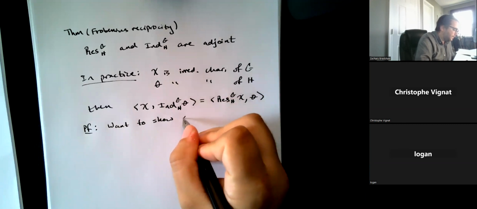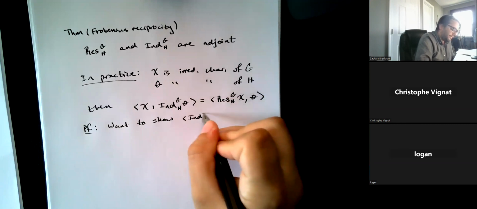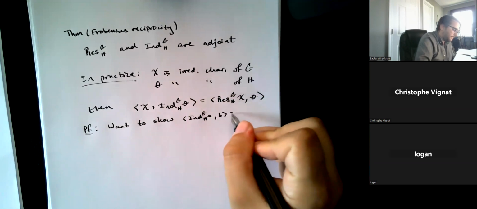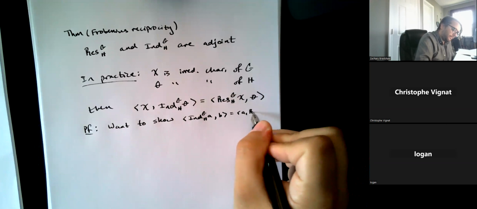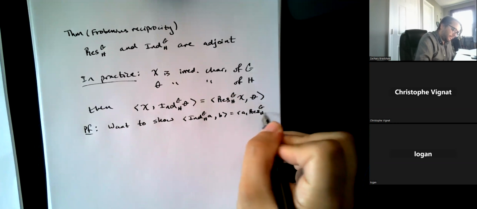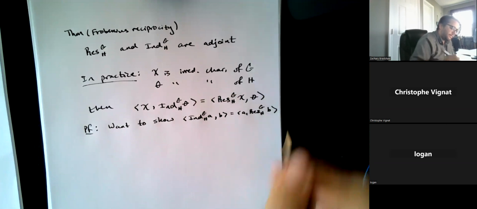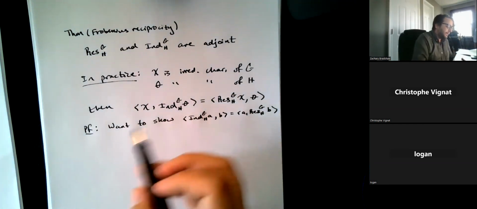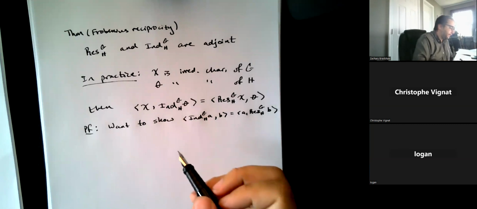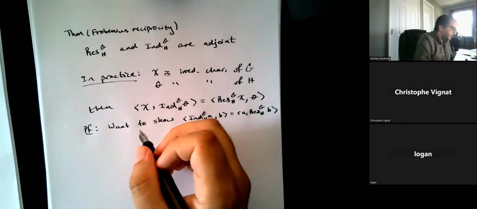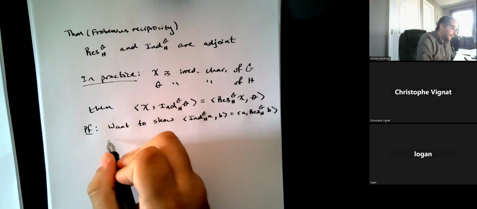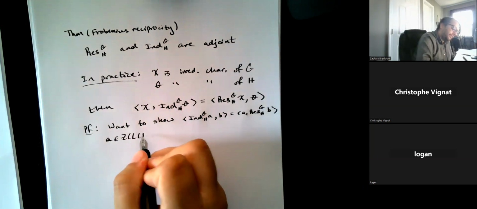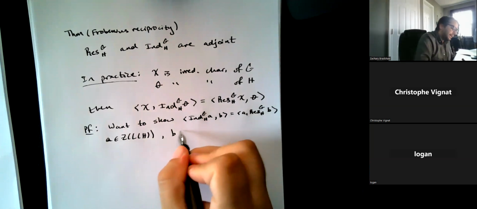So I want to show that this equality holds for any class functions A and B. Well, I should specify A is a class function on H, and B is a class function on G.